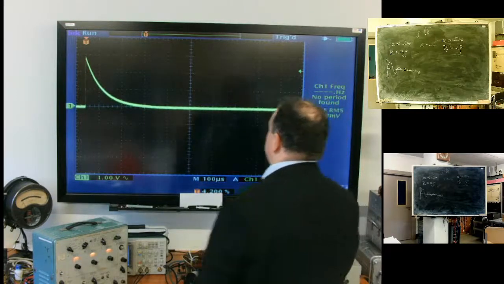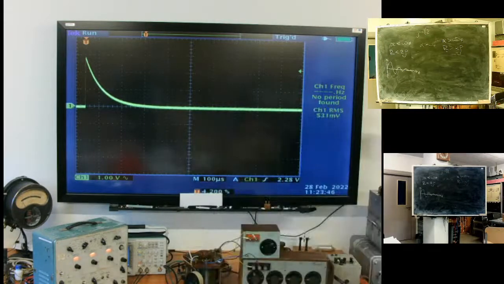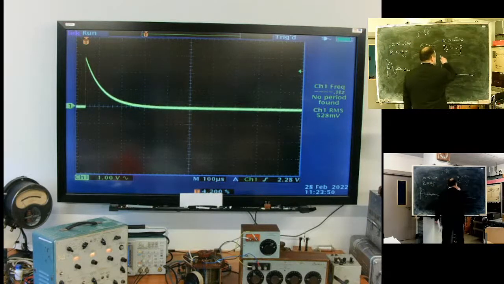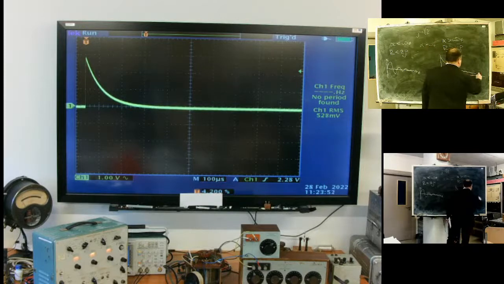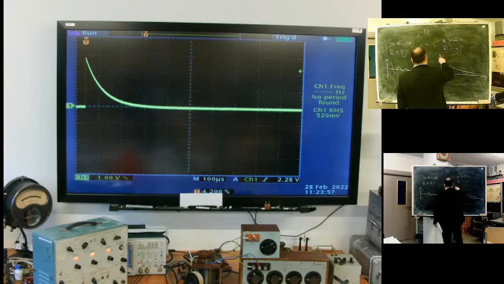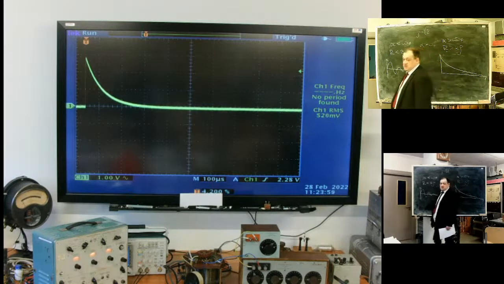This one is enough. We have an exponential process.